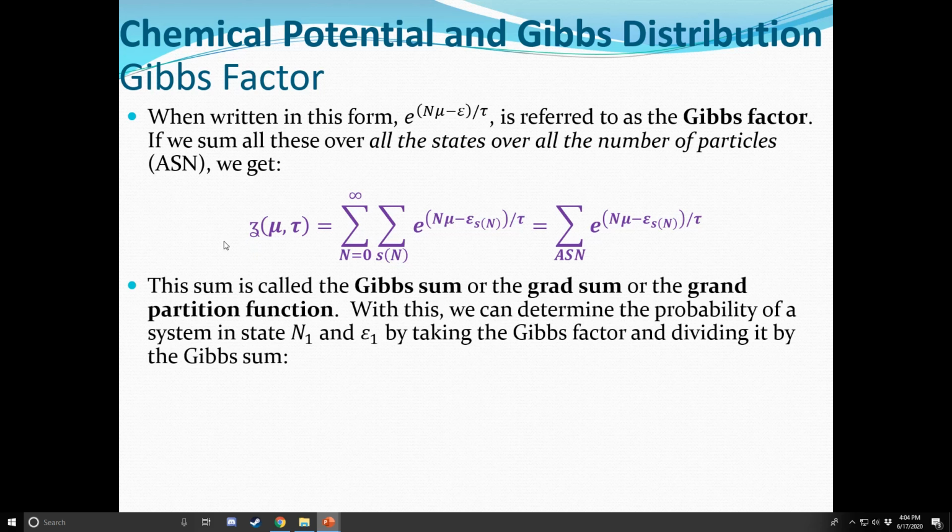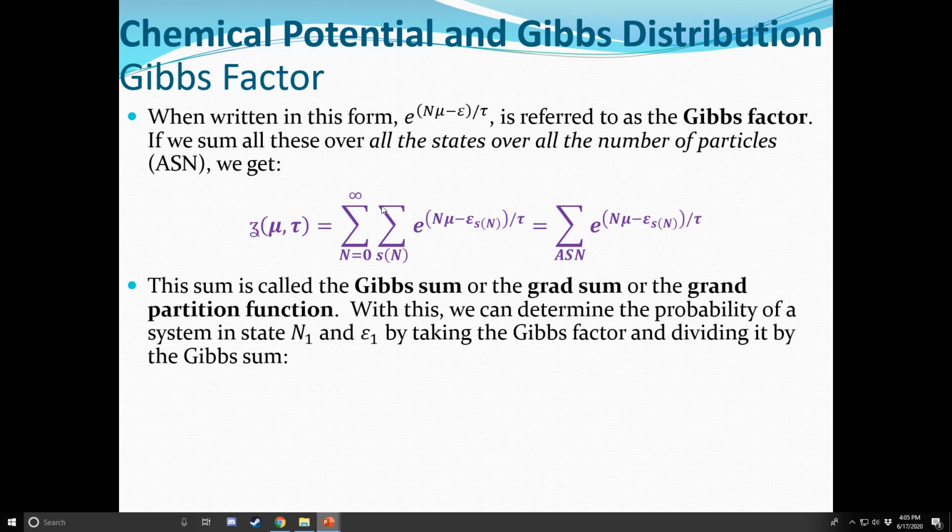So this equation is called the Gibbs sum or the grand sum or the grand partition function. Once again, it works the exact same way as the partition function z that we had before. It's just now including this chemical potential factor.